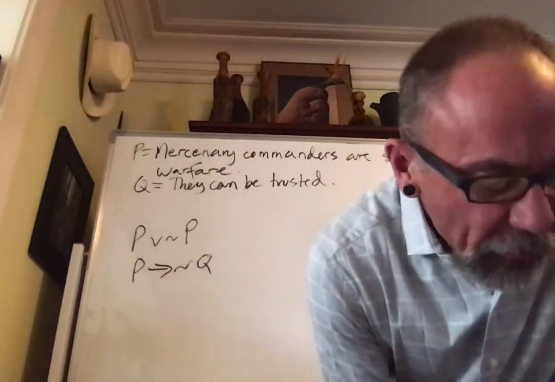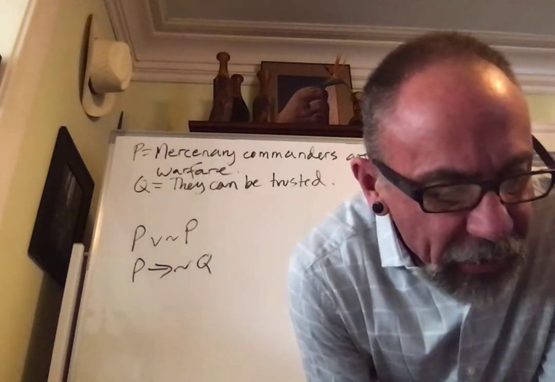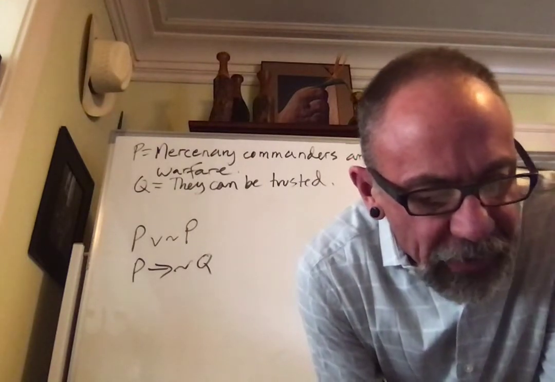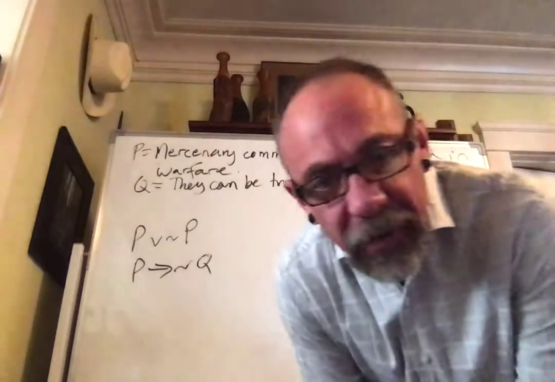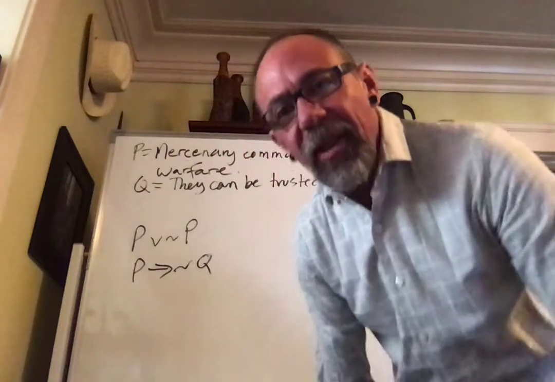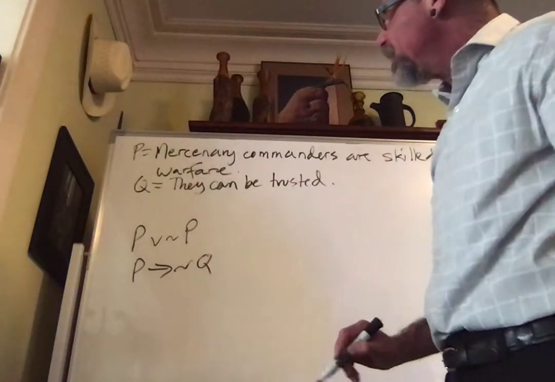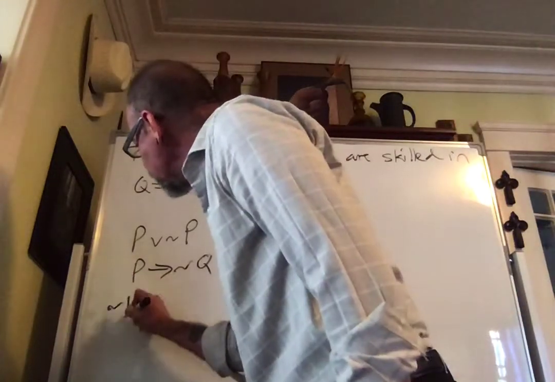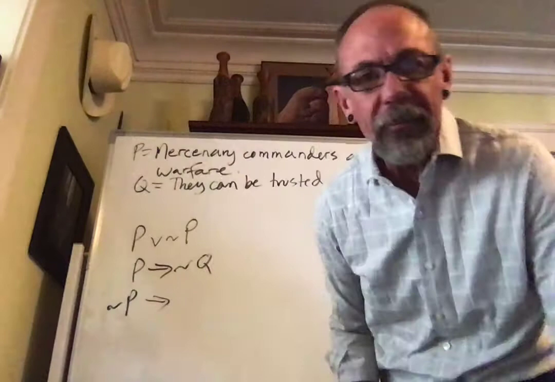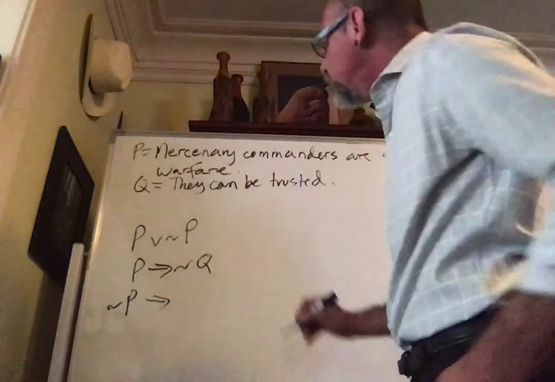We have one more premise where he wrote, if, however, the commander is lacking in prowess, as often as not, he brings about your ruin. Let's think first about the antecedent of this conditional. The commander is lacking in prowess. Prowess and skill mean the same thing. So the antecedent is the negation of P, then he brings about your ruin.